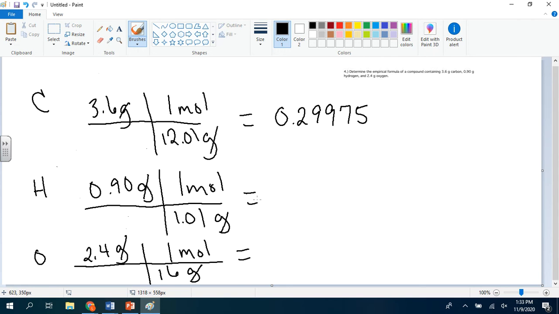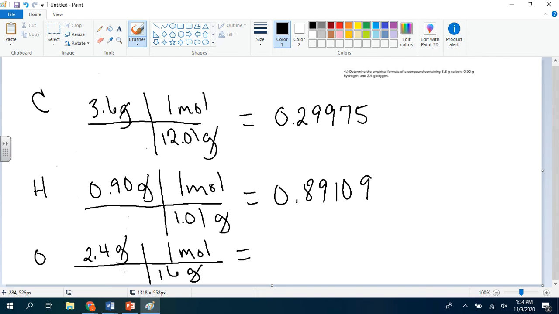That normally helps make sure whole numbers look better. All right, so this one, I just took 0.9 divided by 1.01, and the number that my calculator gives me is 0.8910. We'll round it up to 9. Like I said, I think it's going to be better for you to go out several places when you're finding the moles to make your decimals look better.